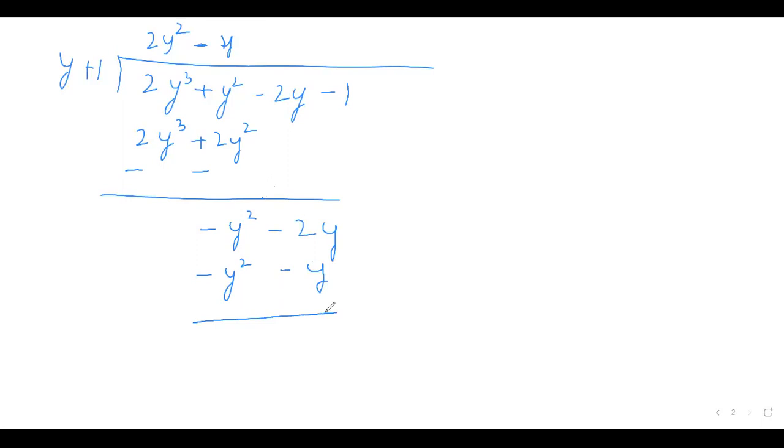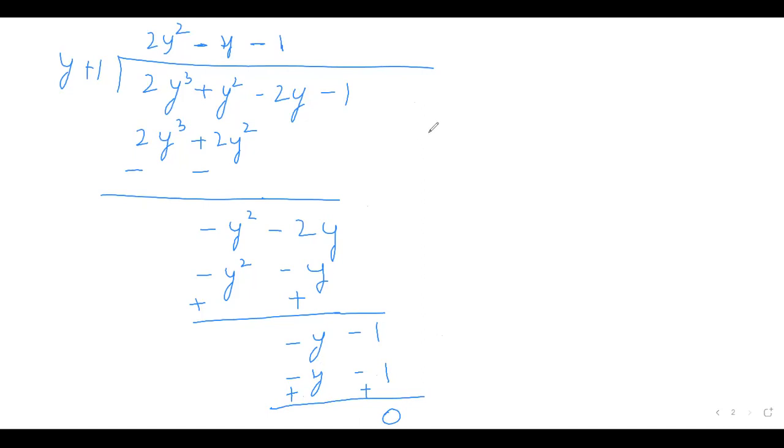Now subtract it. So you are getting minus y minus 1. I have to multiply it by minus 1, so it becomes minus y minus 1. Now subtract it. So you are getting 0 in the remainder.